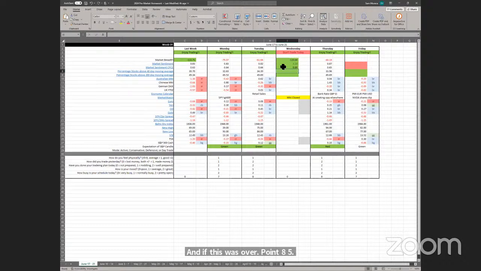Like everything's telling me you need to start thinking bullish. So it does that automatically. I just put the numbers in manually, and then the conditional formatting changes that.